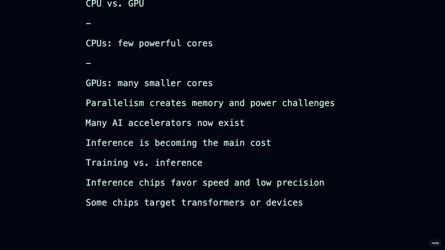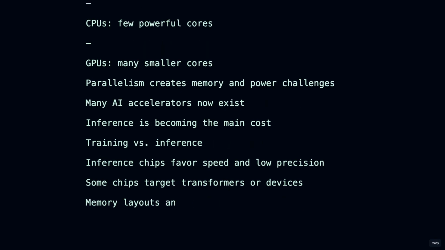Many accelerators are built for data centers, while others are designed for phones and laptops. Different chips support different memory layouts and compute primitives. To use them well, you need to match the model's data structure to the hardware strengths.